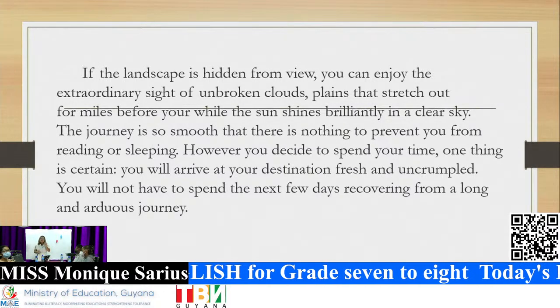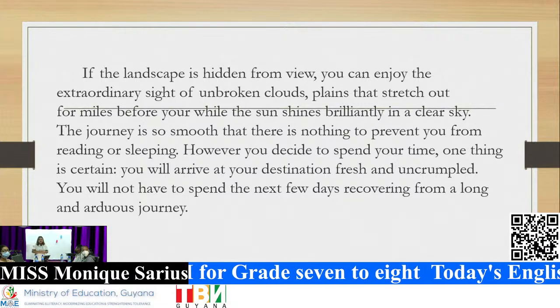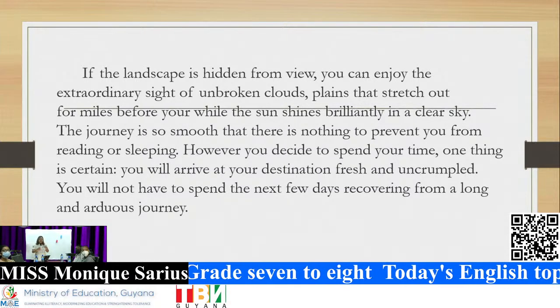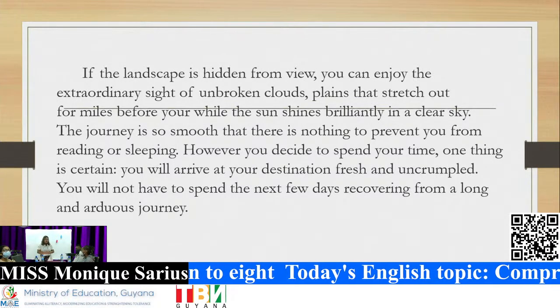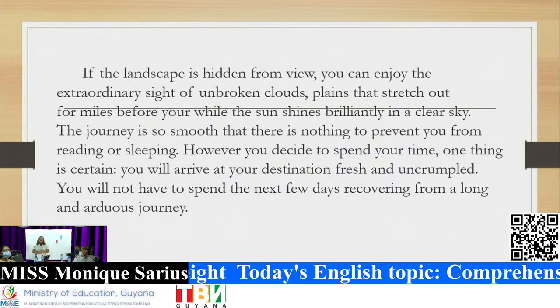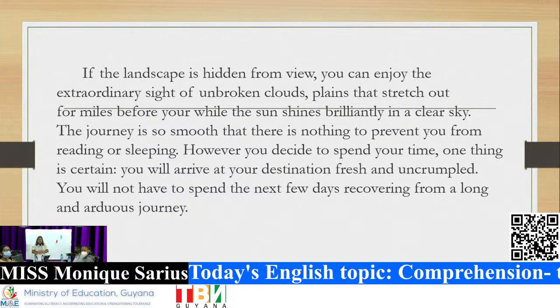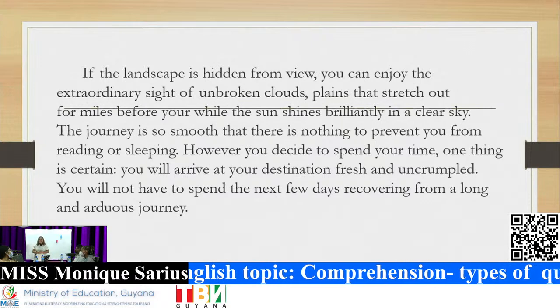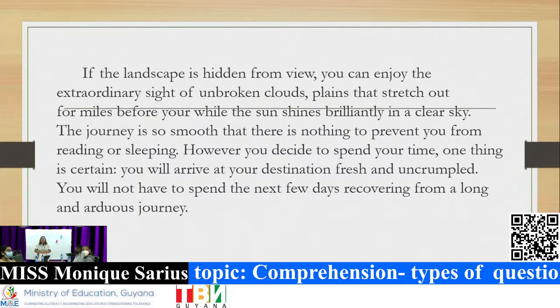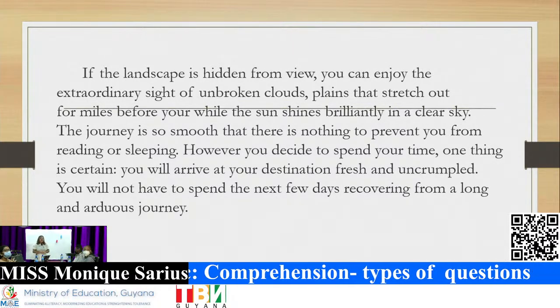According to the second sentence, what is something else you can do apart from watching movies or drinking beverages? Reading or sleeping. Good. Which one do you think you'll be doing if you take an 8-hour flight? Sleep. I'll definitely sleep too. Good. So however you spend your time, you're going to reach there fresh and uncrumpled.